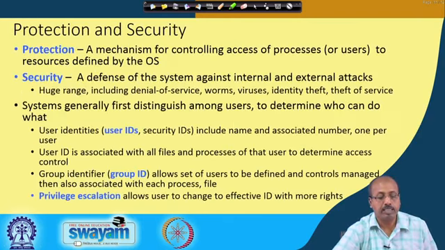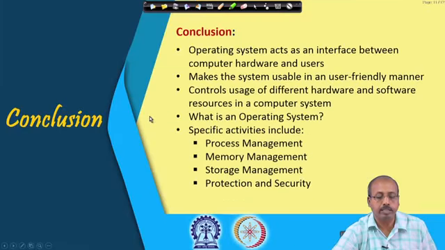Then there are protection and security mechanisms. As I already said, protection has to be provided by the operating system, so that in a multi-processing system one user should not get access to the data of another user or their programs. Similarly, security has to be provided in terms of user IDs and so on. We will go into these security and protection issues later.